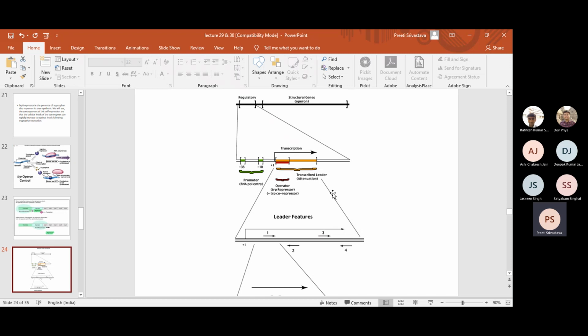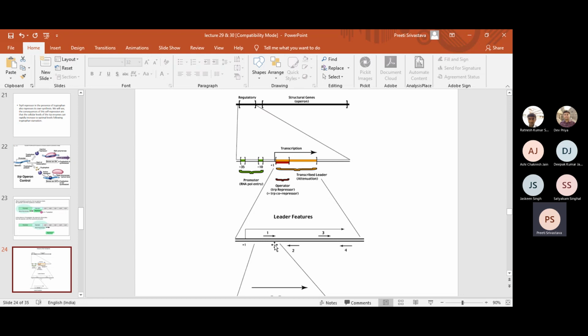This region can also make a leader peptide. It can actually transcribe a leader mRNA, because the +1 is over here, and the +1 is the transcriptional start site. What is important to see is that at the +1 transcription start site, the leader mRNA is made, and this leader mRNA has regions numbered 1, 2, 3 and 4.